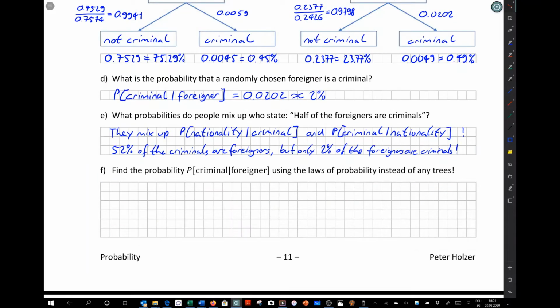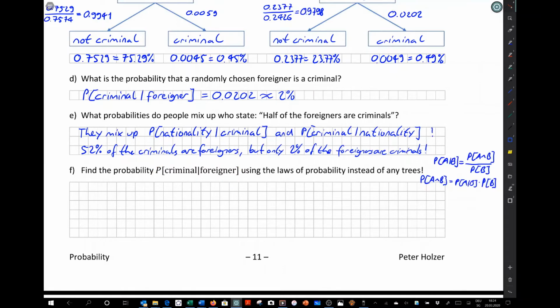In the last step, let us find the probability of criminal given foreigner using the laws of probability. We will now need the definition of the conditional probability a lot.